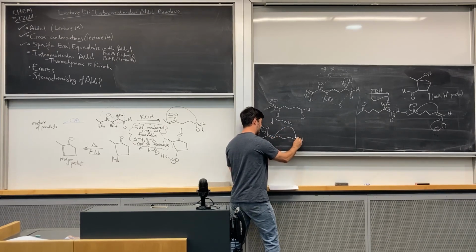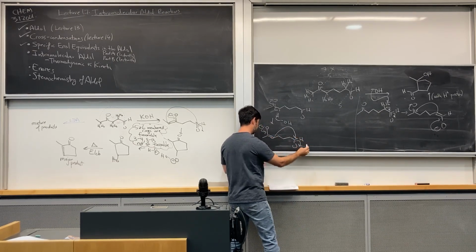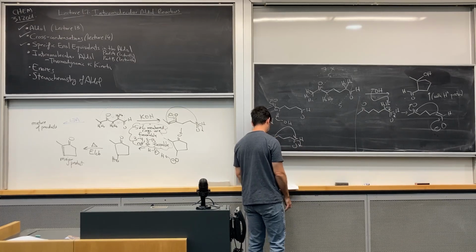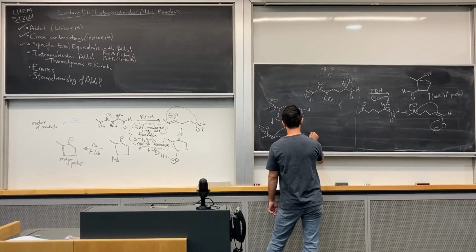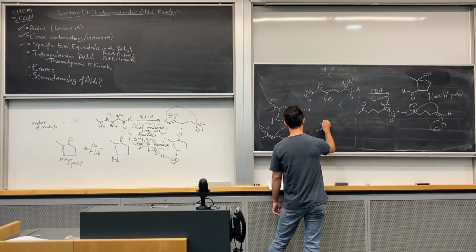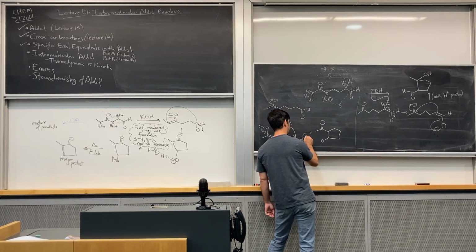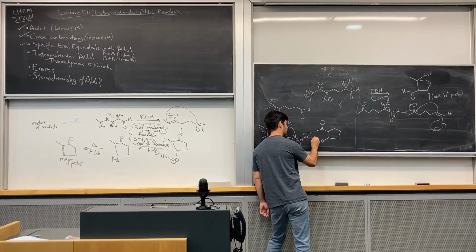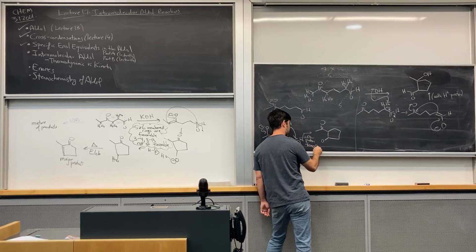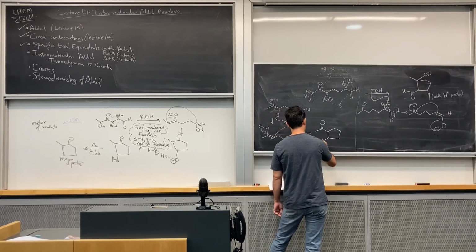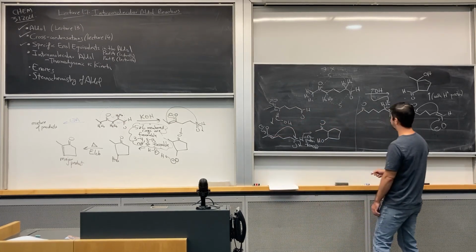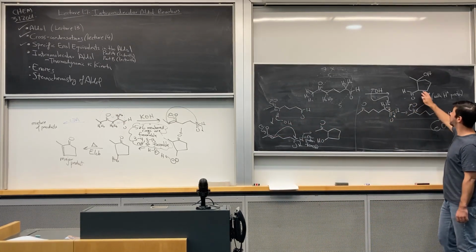This will come and react here to generate that species. And then what you're going to end up having is a compound that's going to look like this after proton transfer. Molecule that looks like this. So we have two different 5-membered rings.